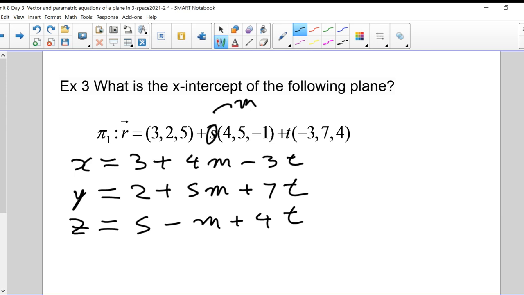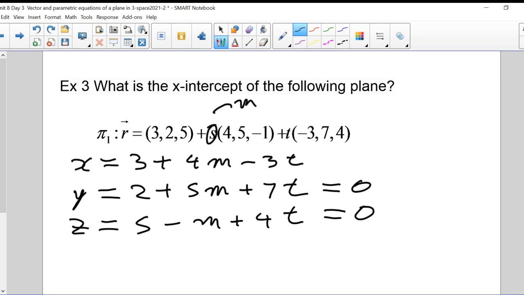Okay, so what are we saying now? We're saying that we want the Y value to be equal to 0 and the Z value to be equal to 0. So we're going to set this equal to 0 and set this equal to 0. The X value would be what we get from calculating these when your Y and your Z are both equal to 0.